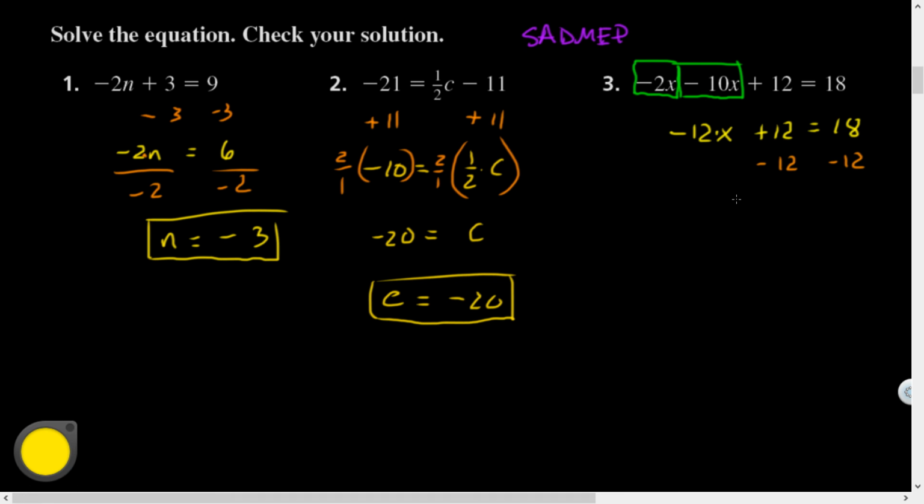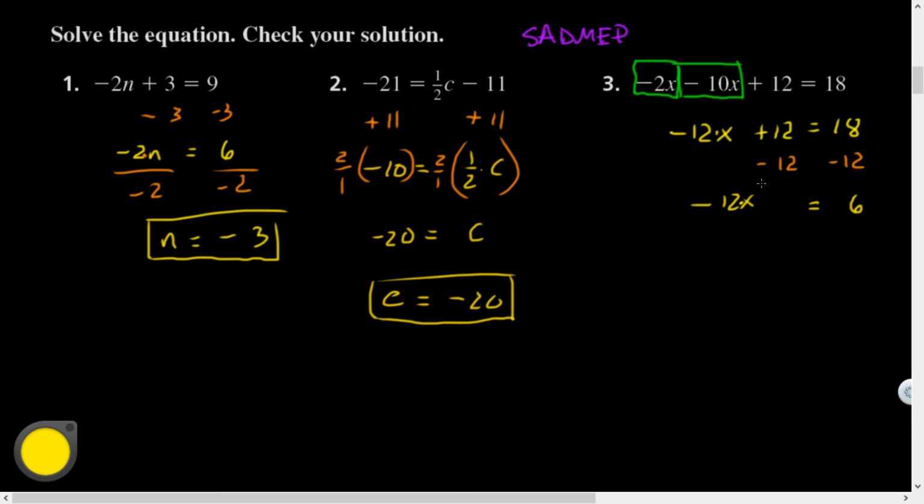And so I'm going to have -12x, equal sign, bring it down. 18 minus 12 is going to be 6, and the more influential number was 18, so it's +6. Okay, now what operation is happening here? Is it subtraction or multiplication?